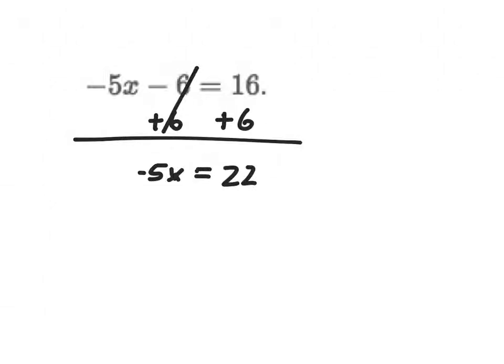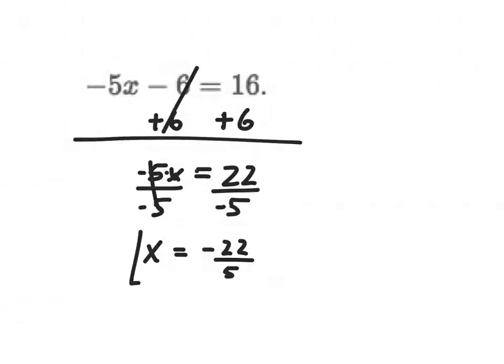We're still doing the same thing. We're multiplying by -5, so the opposite of multiplying by -5 is dividing by -5 on both sides. And so these are going to divide out to 1. And so then x is going to equal -22 fifths. And that's my answer.